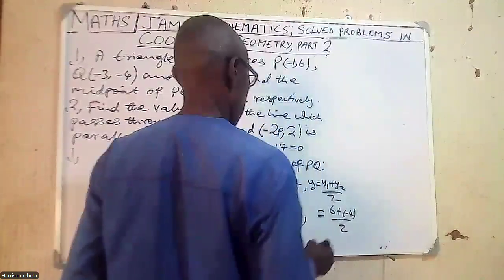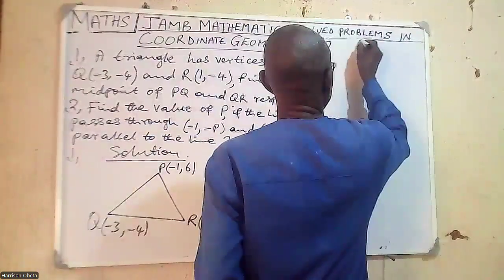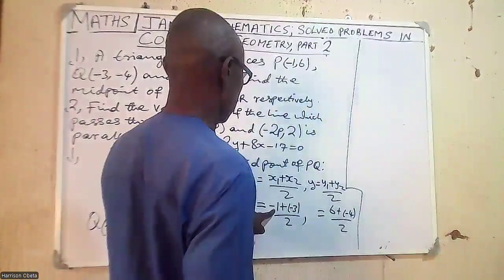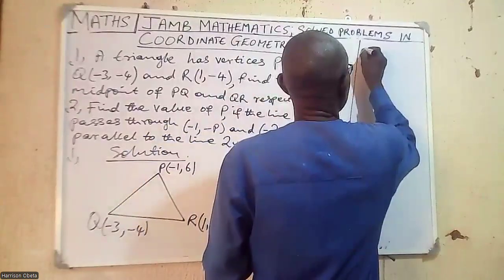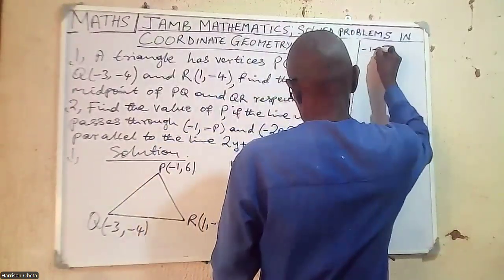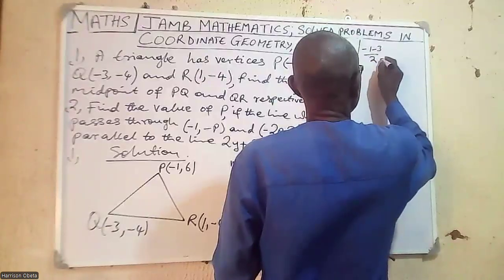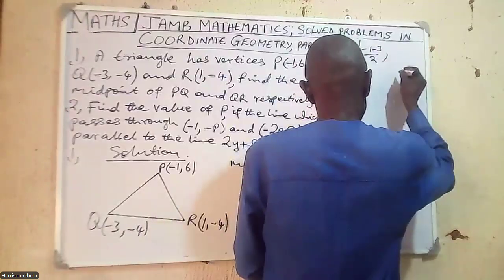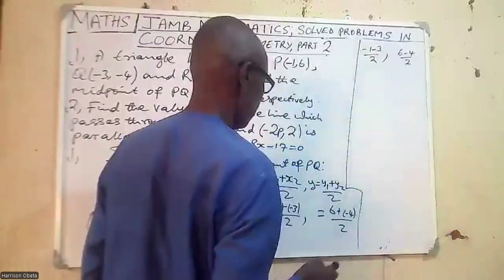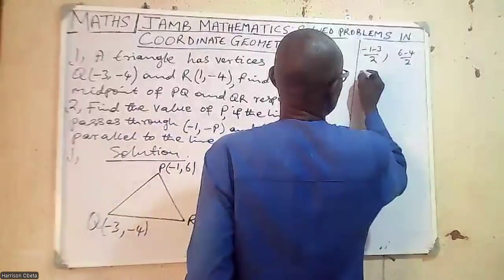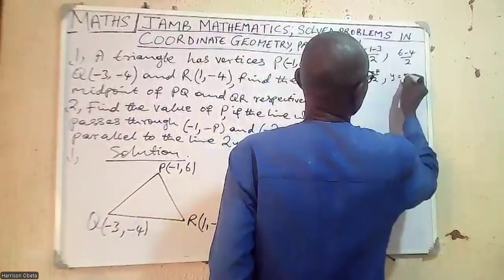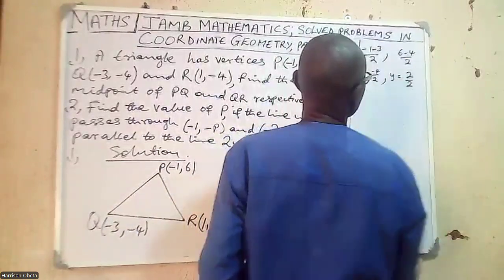Continuing, this will give us -1 -3 all over 2, comma, y will be 6 -4 all over 2, which means we have x equal to -4 over 2, y equal to 2 over 2.